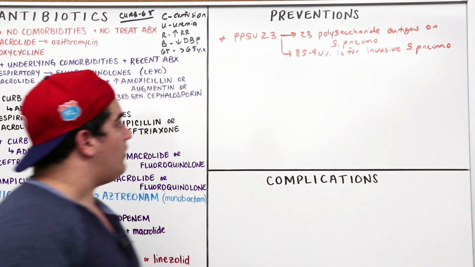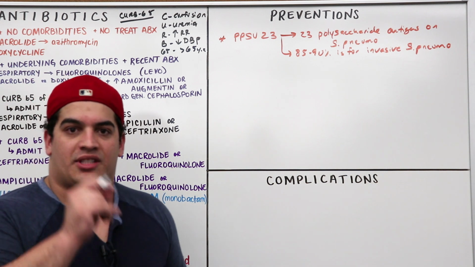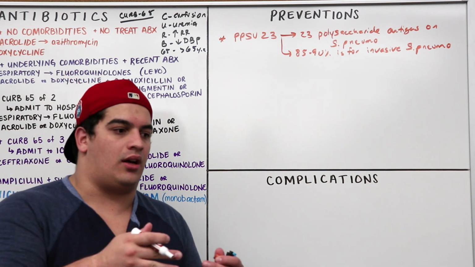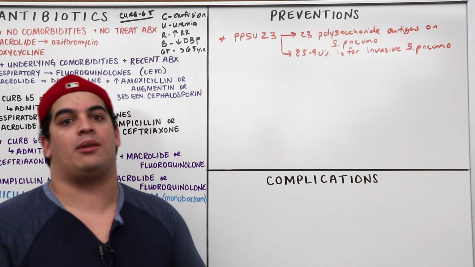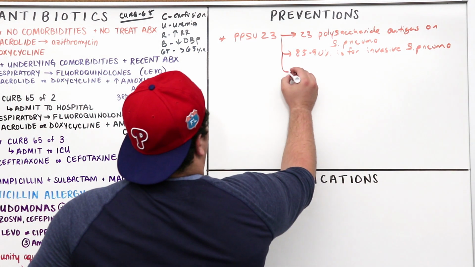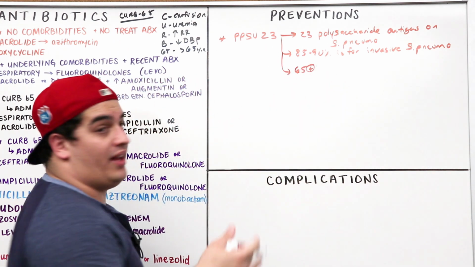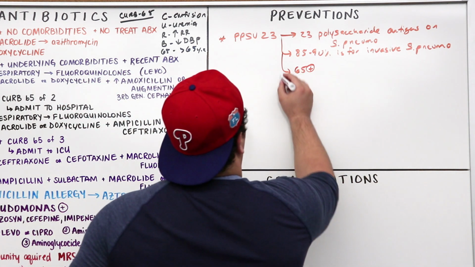Now, giving PPSV23, this is really important to give at specific ages, as well as not just specific ages, but if the patient has some underlying comorbidities. For example, this one you'd want to give to patients who are 65 and up, right? That's one thing, annually, so 65 and up.